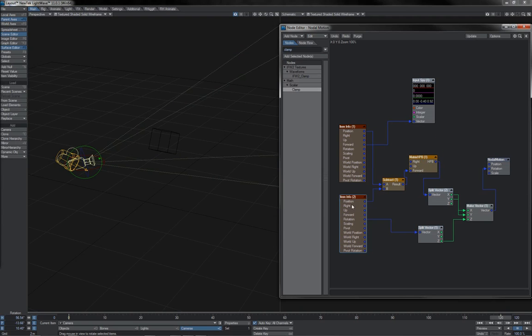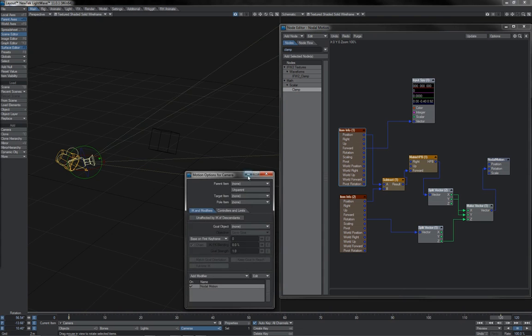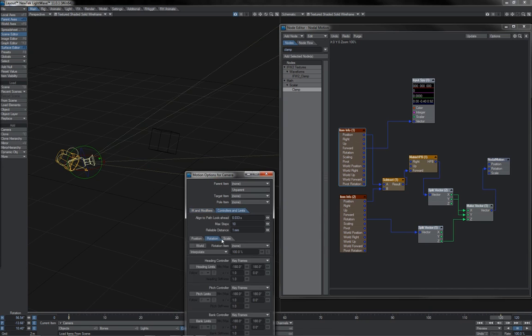And whilst this is a fun and interesting little node setup, it does actually have a practical application here. We might normally think not to need to use it too much, as we of course have pre-built target and pole item settings in our motion options, which of course work together with the IK and other systems.